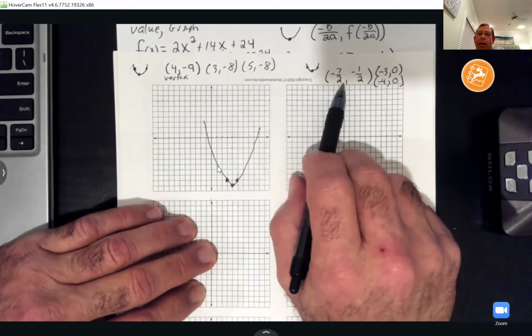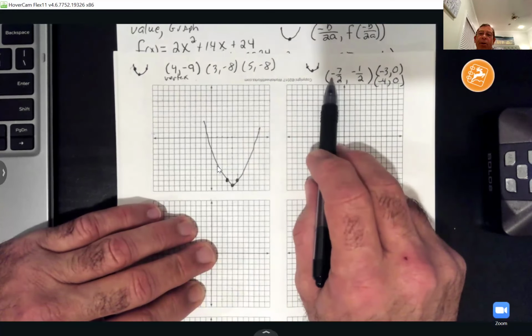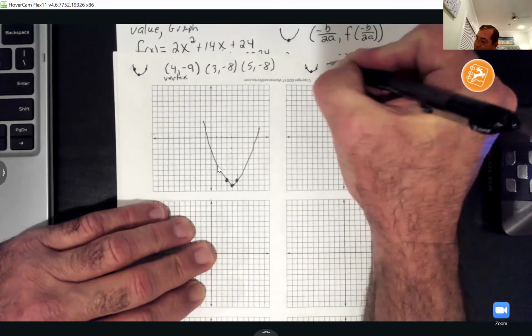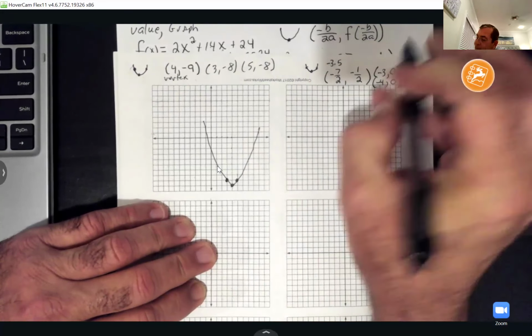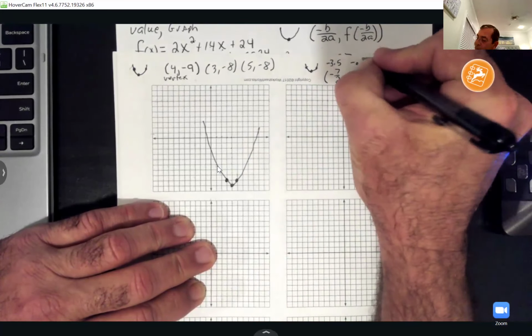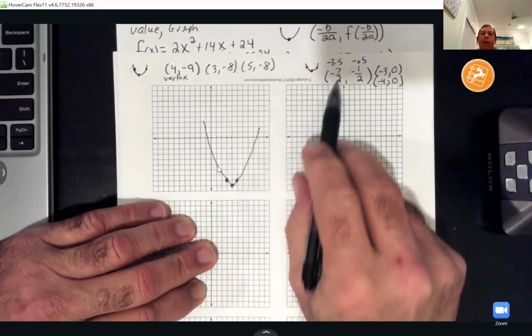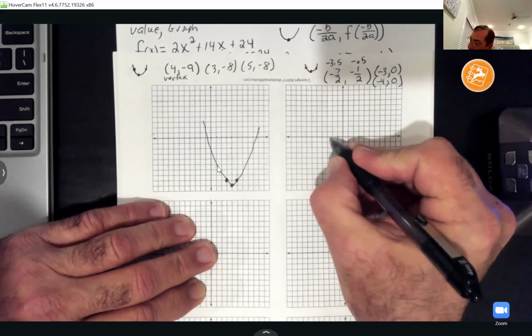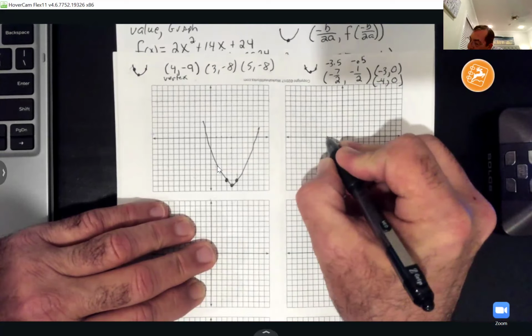Now, the easiest way to graph these is probably to turn them into decimals. -7/2 is a -3.5, and -1/2 is a -0.5. So -3.5, here's -1, -2, -3.